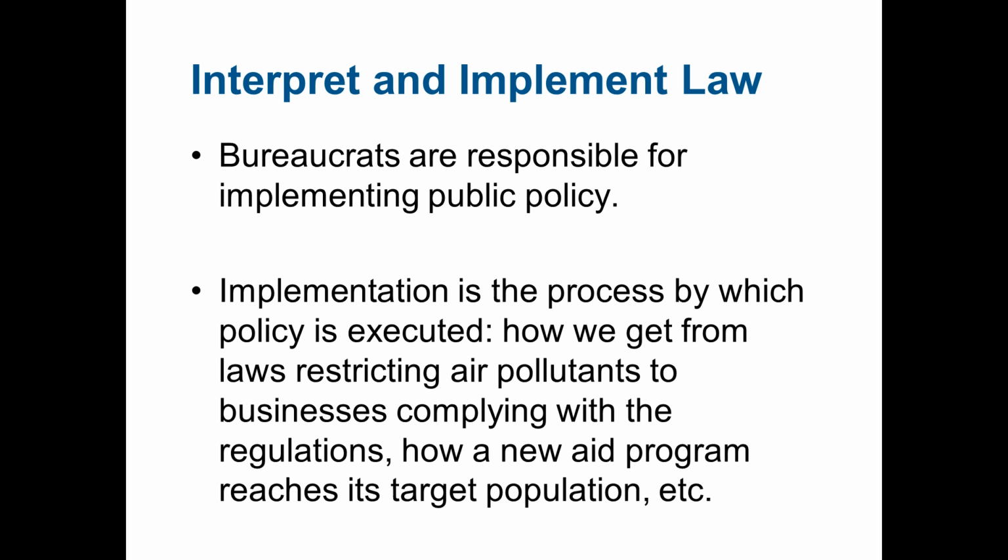And then once it's passed, it's up to the bureaucrats to figure out how to actually institute a set of actions and standards, oftentimes, to get to what the guidelines are that are outlined in the law. So a lot of the task in the bureaucracy is going from general wording in legislation to more specific actions.